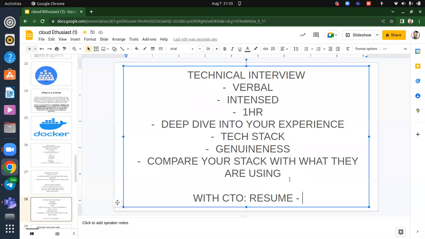Okay, beautiful. So this technical interview with the CTO or the team lead or the head of stack is more of an overview, but it is deep.